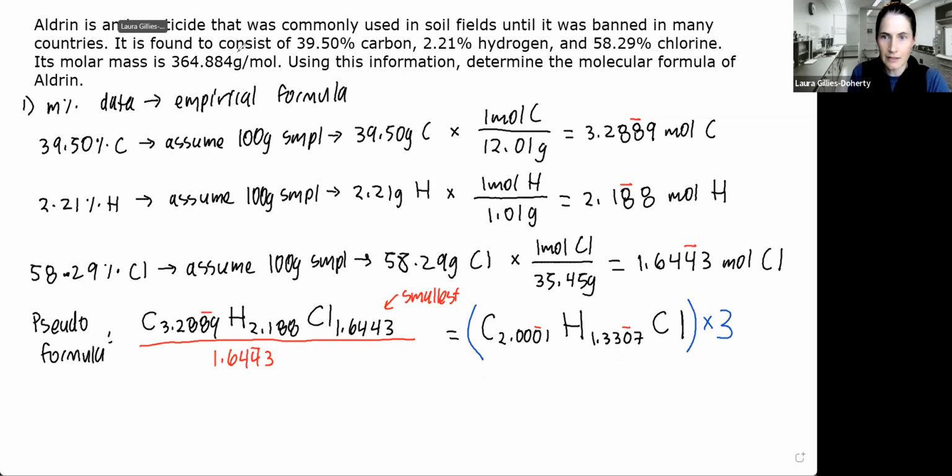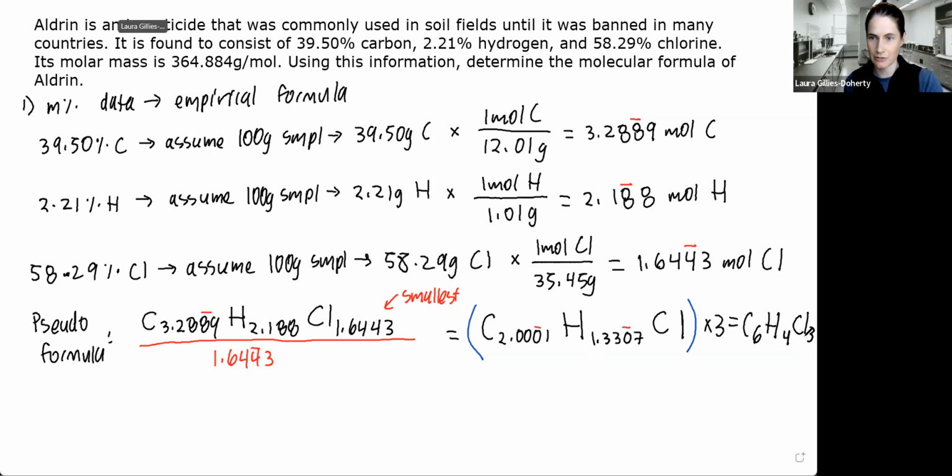And so at that point, I get, I write it a little bit smaller so I don't run out of space. I get C6H 1.3307 times 3 H4Cl3. 2 times 3 gave me my 6 moles of carbon. 1.3307 times 3 was 3.9921, so that was close enough to 4 to round it to 4.